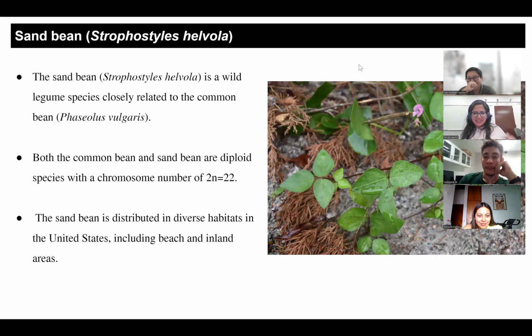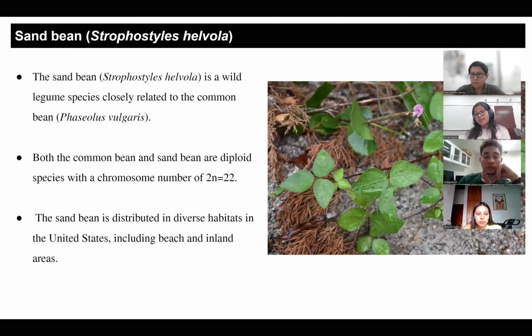So I picked a plant species in the legume family, which is actually a wild relative of common bean. One reason I chose this is that it has ecological importance, and second, it has agricultural and food-related importance.